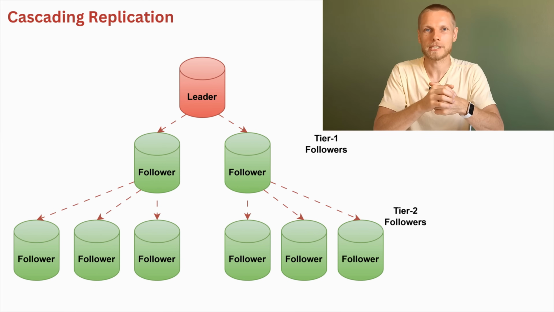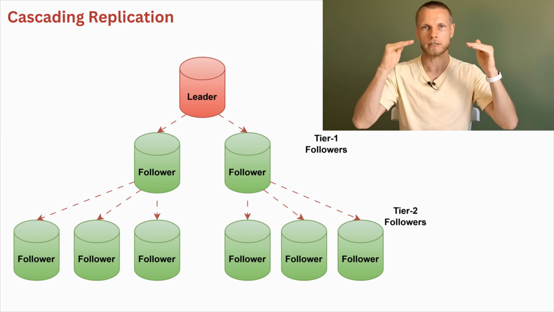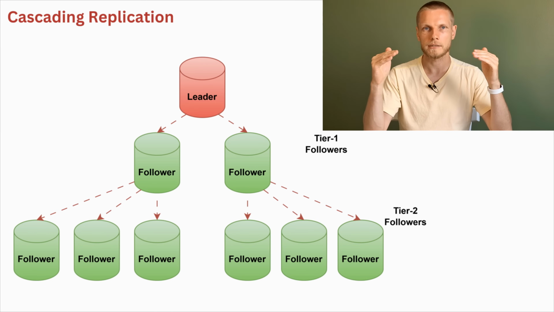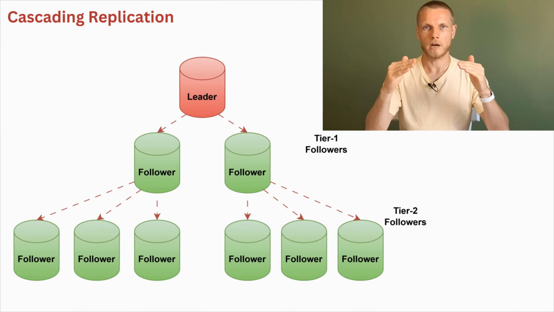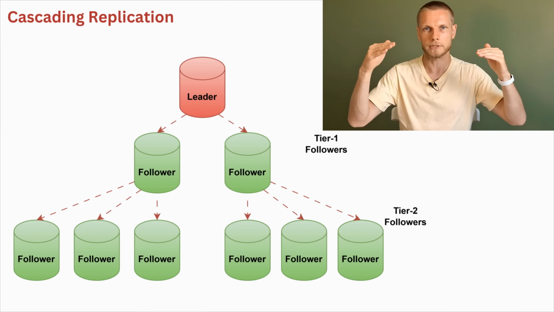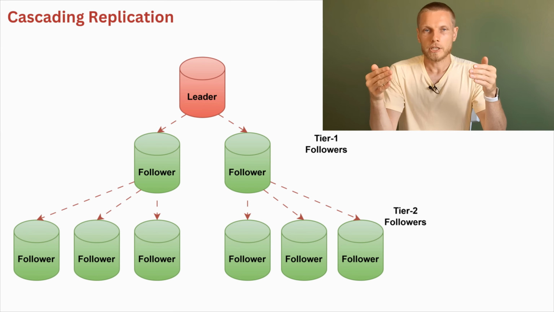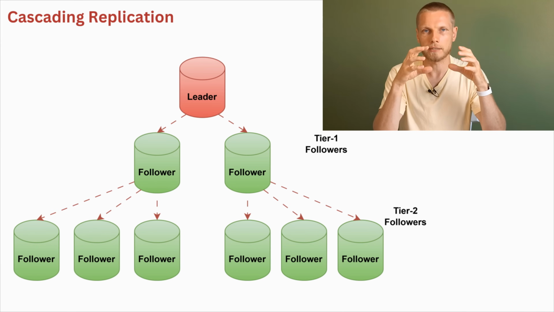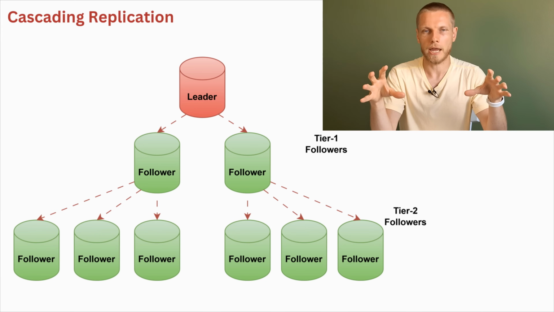Another technique which is used sometimes is called cascading replication, when we have several tiers of followers. The first tier gets updates directly from the leader, and all subsequent tiers get updates from followers of upper tiers. This approach can help scale our system when there are hundreds or thousands of followers, and it would overload the leader if it had to send replication streams to every follower.